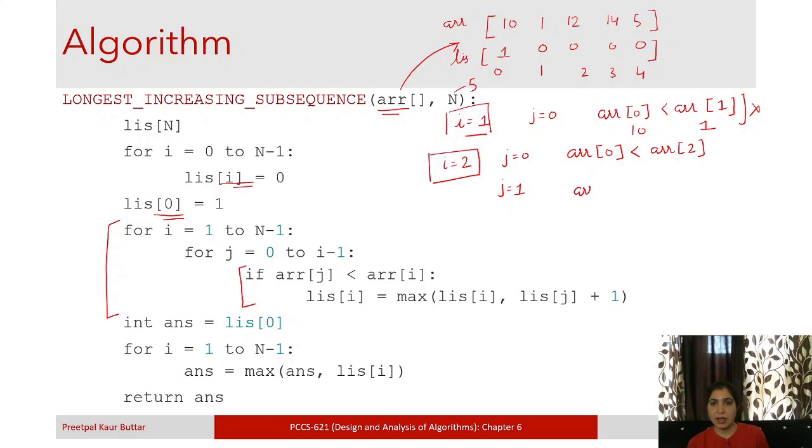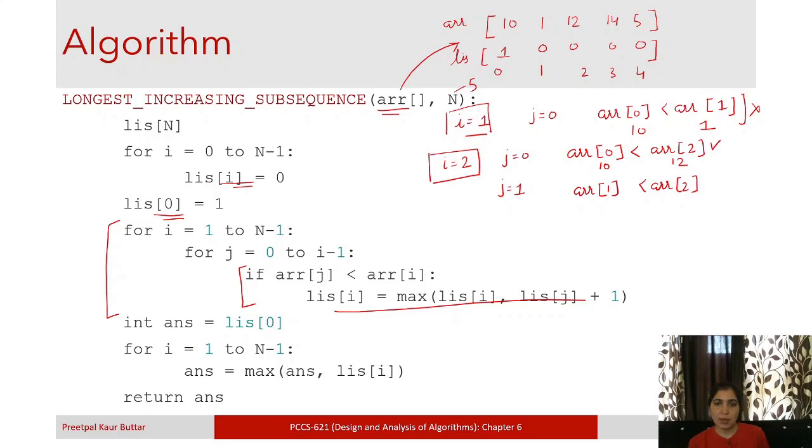When j is 1, then array at 1 should be less than array at 2. Array at 0 is 10 and array at 2 is 12. So you can see this is satisfied, and this statement will be executed.